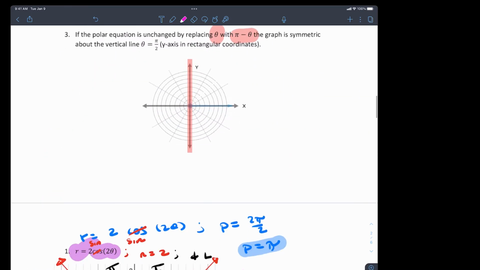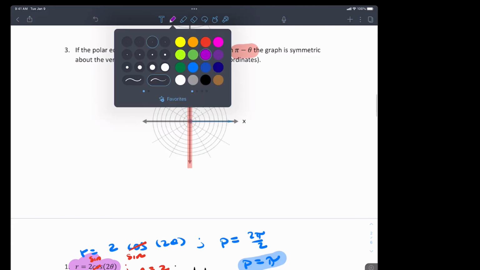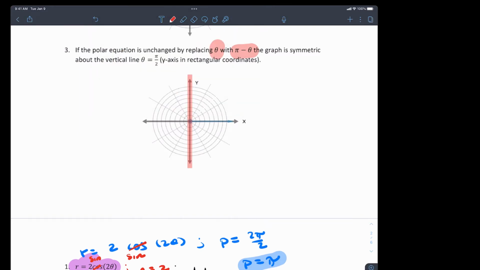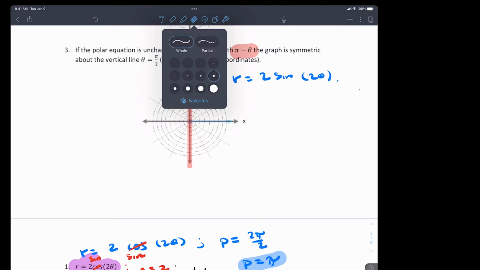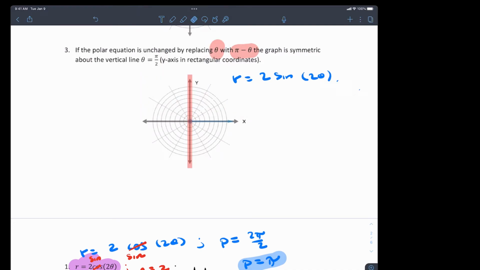Let's see what this means. You see this? This is our curve, r equals 2 sine 2 theta. So what happens if I replace theta with pi minus theta?